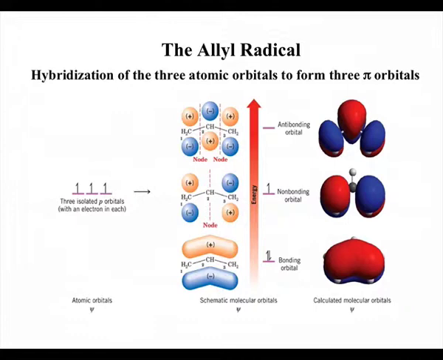Now, if it's an allylic carbocation, what would the structure look like? Same molecular orbitals, right? But what would be different?